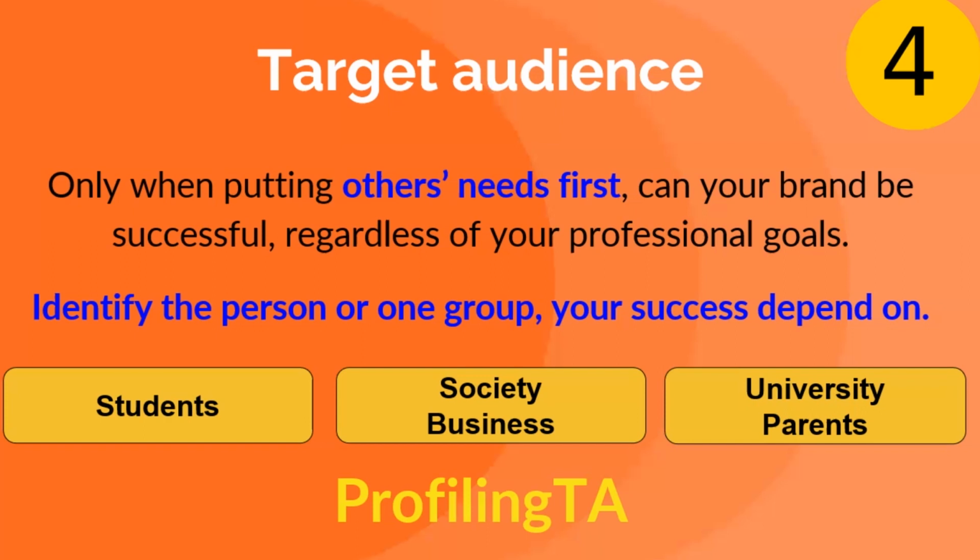Try to look at their needs: what are they looking for, and what do these individuals or groups want from you? Because if you are able to make them happy, then and only then will you be able to create a brand of yourself wherein you can say, hey, I am different from others, right? So that is what target audience is all about.